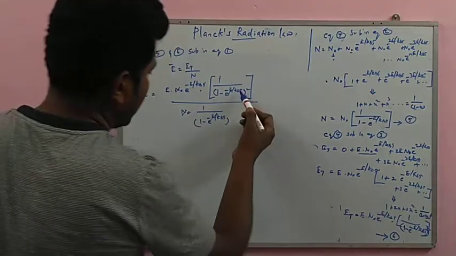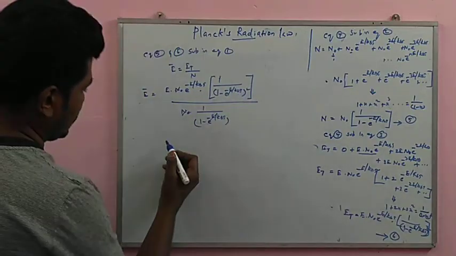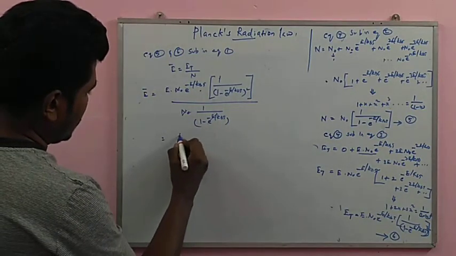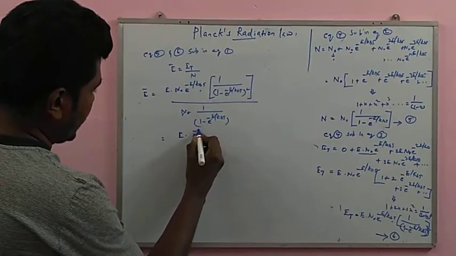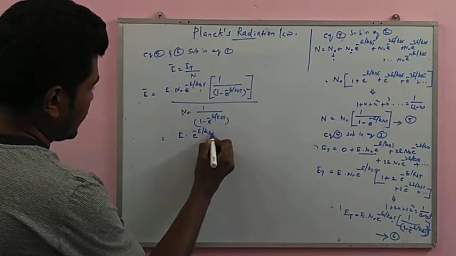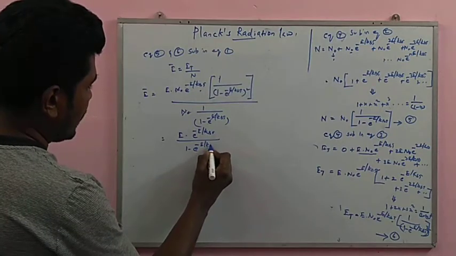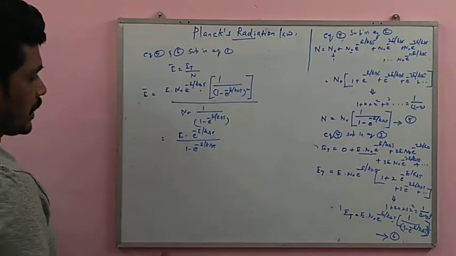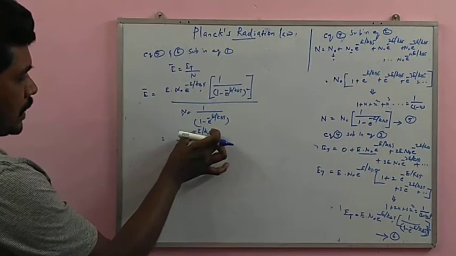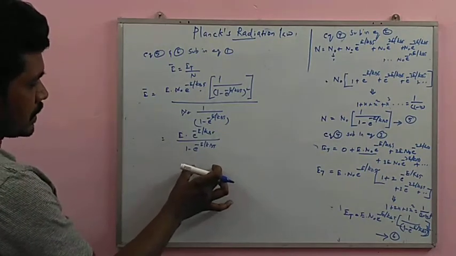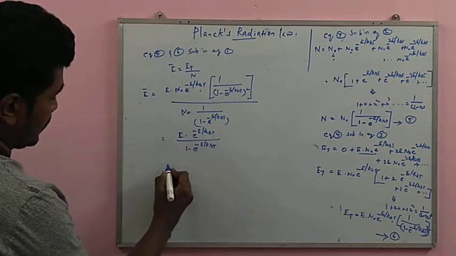Then the denominator value: E into e power minus E by kBT divided by 1 minus e power minus E by kBT. Now this numerator is shifted to the denominator, and the value does not change.